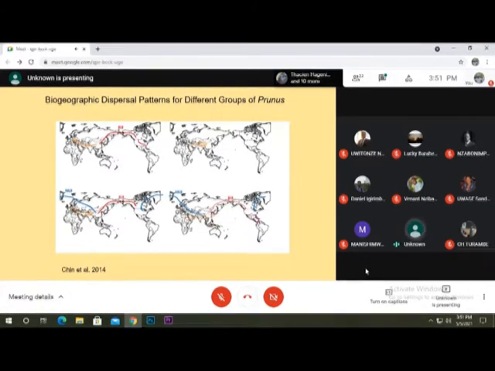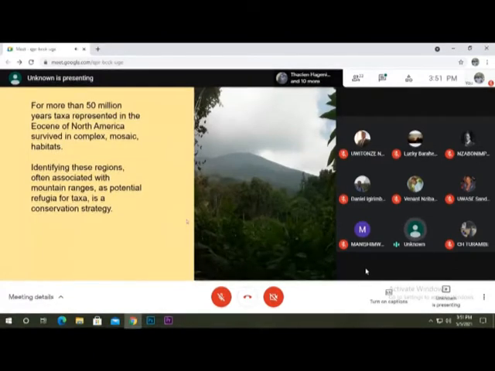So for 50 million years, we've had these taxa that represent the Eocene in North America, and they show how you can survive in these complex mosaics of habitat. And basically, the models and things that we look at for the way our plants have migrated in North America are really, really applicable.